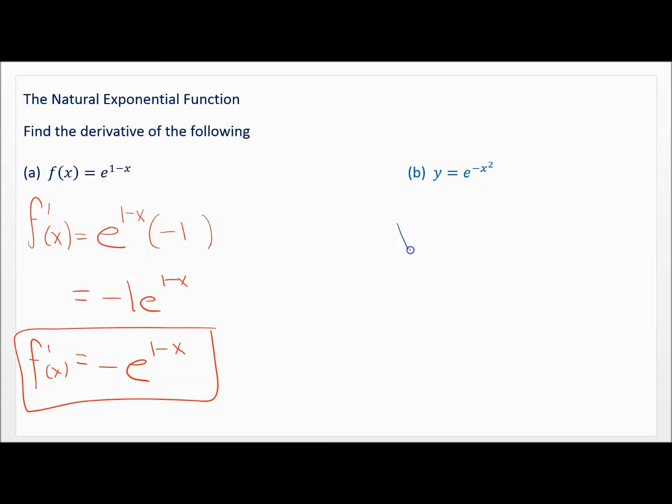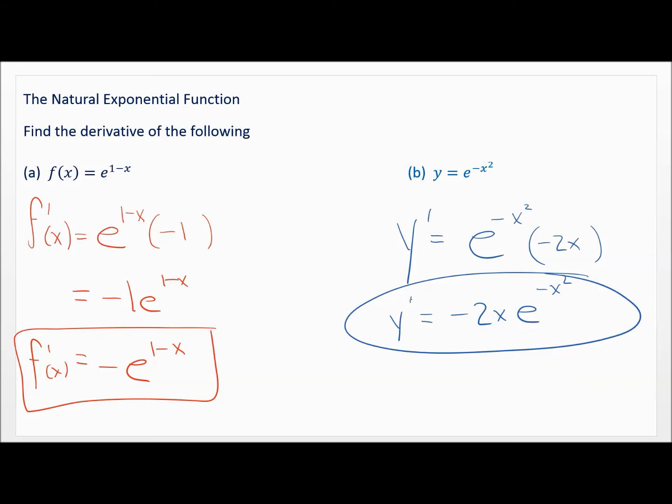Okay, so the derivative of e to the x is e to the x, except when you have something other than x as your exponent, you're going to take the derivative of the exponent and multiply times your e to the u. So the derivative of negative x squared is negative 2x. It looks better if I pull that product in front, so negative 2x e to the negative x squared is your final simplified result.